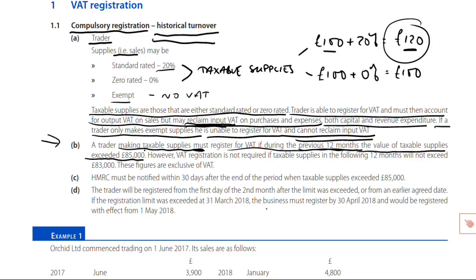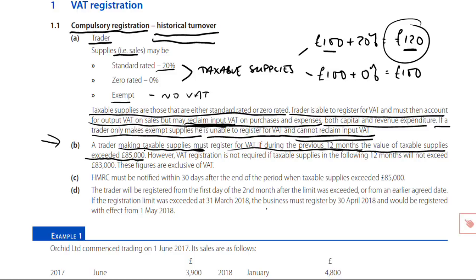So if we start to trade, for example, in month 1, we establish a level of taxable supplies. It might be 5, 10, 15, 20,000 pounds or whatever. We could add to that month 2, month 3, and we work on a cumulative basis until such time, maybe well before we get to month 12, that we have exceeded 85,000.